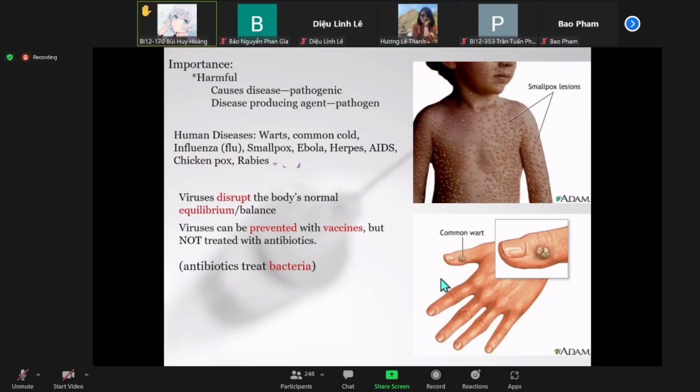Yes, we can use viruses to create more prevention. Okay, so this is the virus in computers. I think they are harmful, but they are also beneficial, right? Yes, they can be used to make your system more secure.